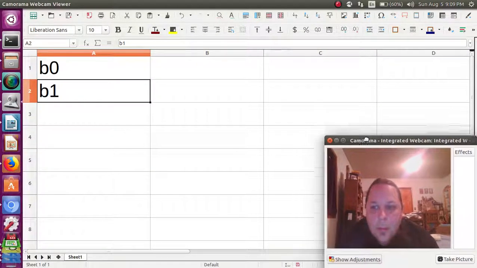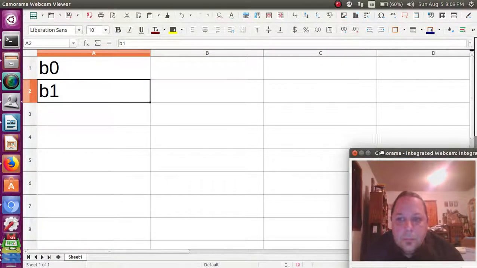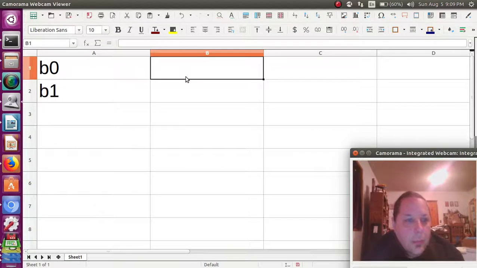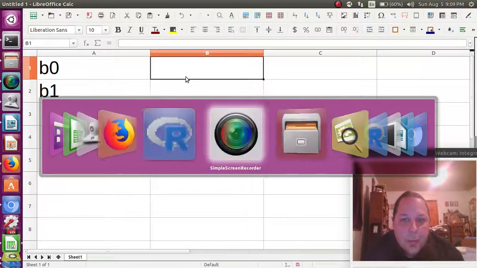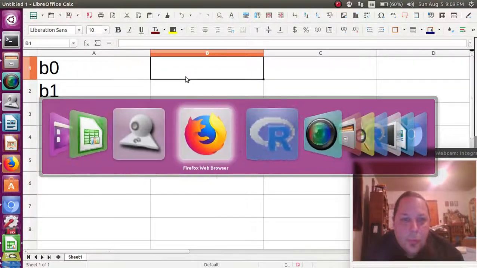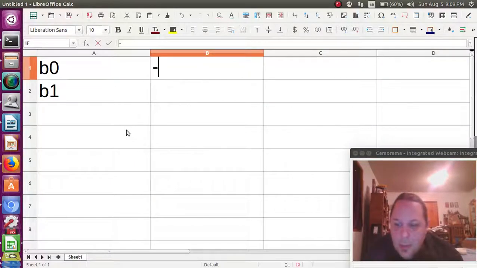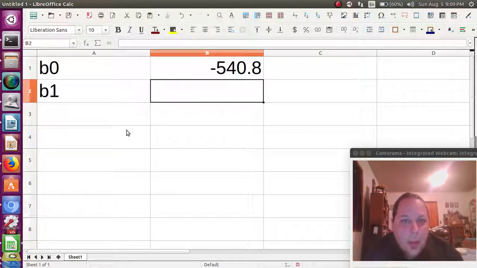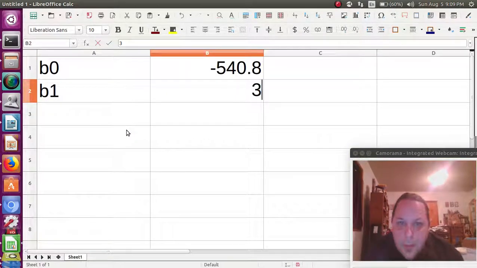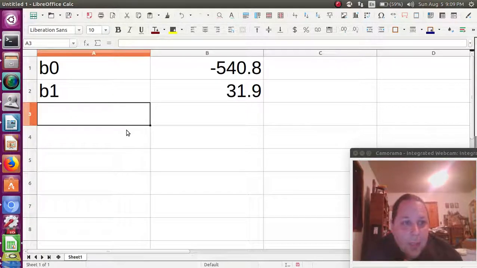Okay. B0 and B1. Now, B0 we decided was, let's go back to the output, so negative 540.8. Negative 540.8 is what I put, and 31.9. And I know it's correct because it gave me a green box.